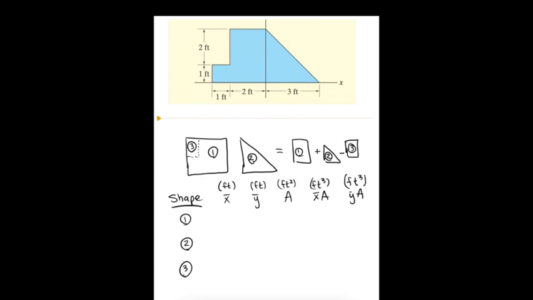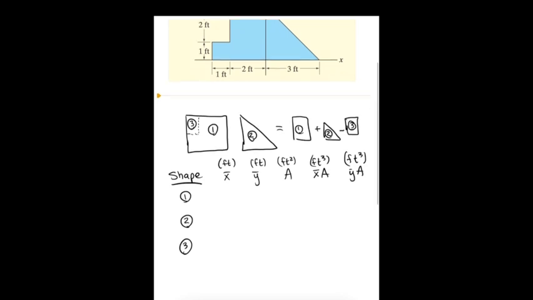The width of that square is 3 feet, so in the middle of that is negative 1.5 feet from the origin, while the y is in the positive direction. Find the area is 9 square feet, and then we're going to take the product. So this is negative 13.5, and this is positive 13.5.